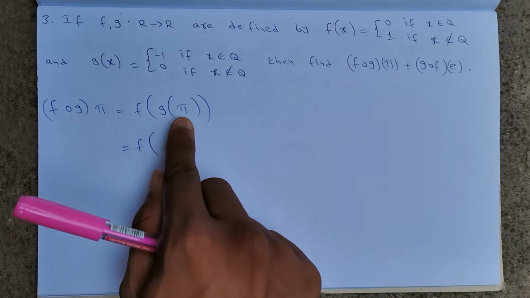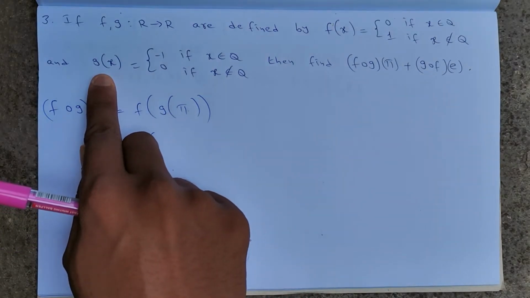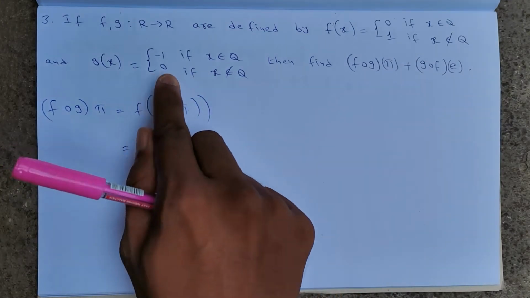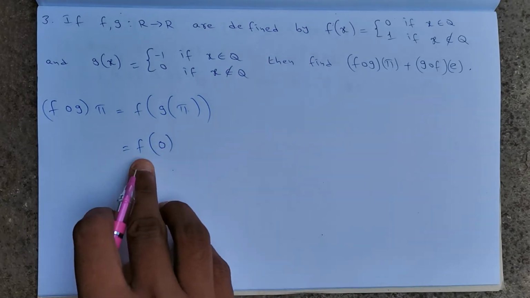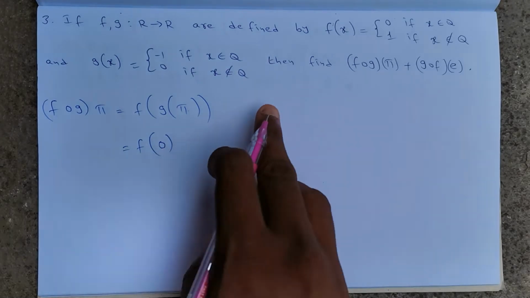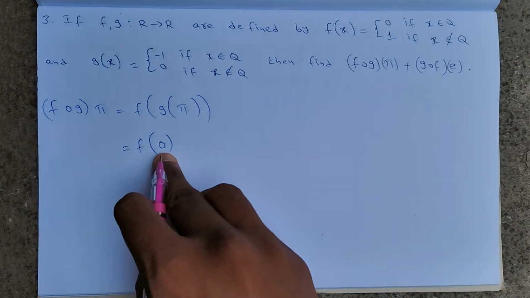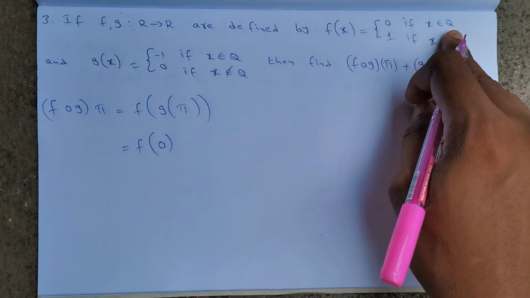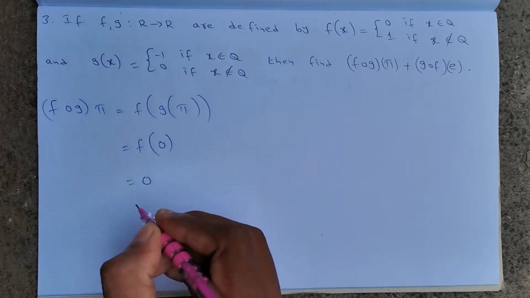So for g of pi, in g of x we need to check for which is not rational, so the value is 0. In the place of g of pi, let us substitute 0. Next, f of 0. In f of x, 0 is a rational number, so we check in the rational numbers. If x is a rational number, then the value is 0, so f of 0 is 0.